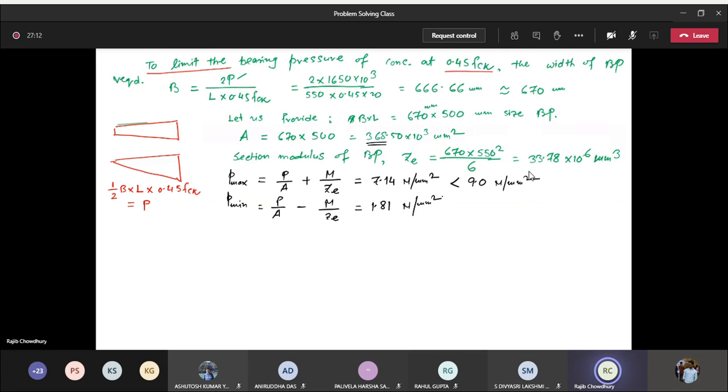Okay, so your variation of the stresses below the base plate is becoming, this is 1.81 and this is becoming 7.14.